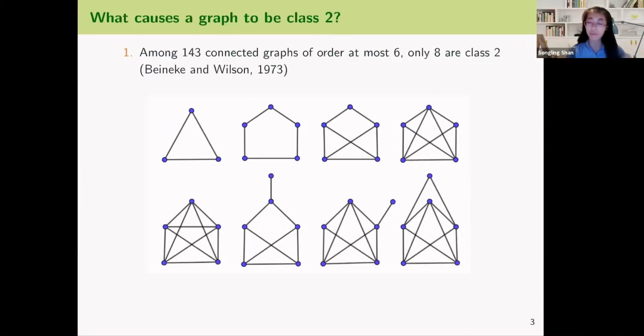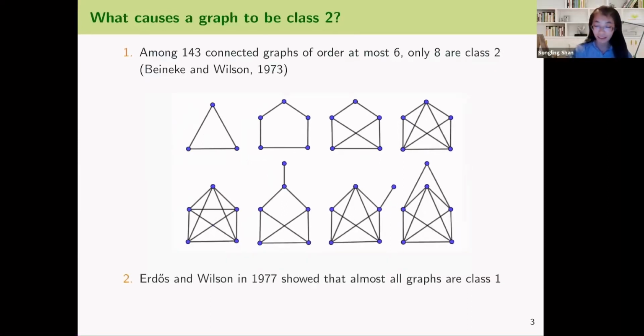So from here, we probably have a sense that most graphs are class 1, right? And it is indeed the case, proved by Erdős and Wilson in 1977, that almost all graphs are class 1. So in particular, they proved that for the random graph G(n, p), taking the edge probability to be half, almost all of them are class 1 graphs. So then one question is, why do we still study edge coloring?